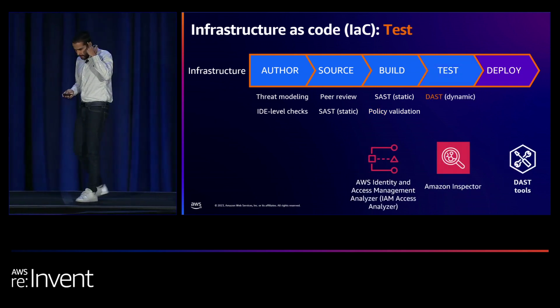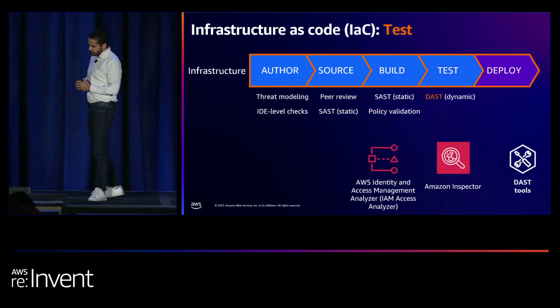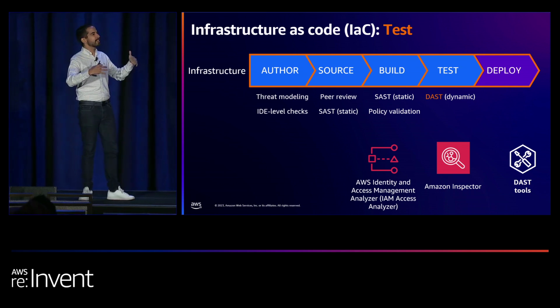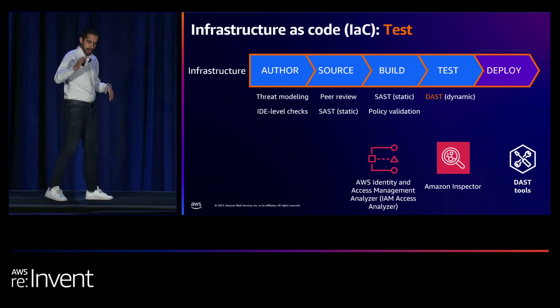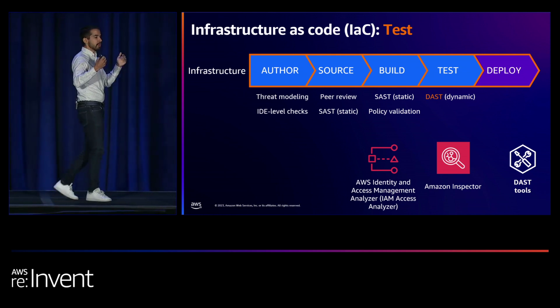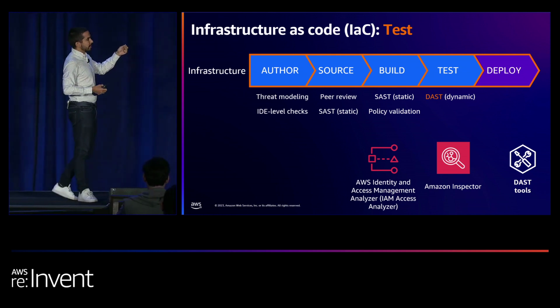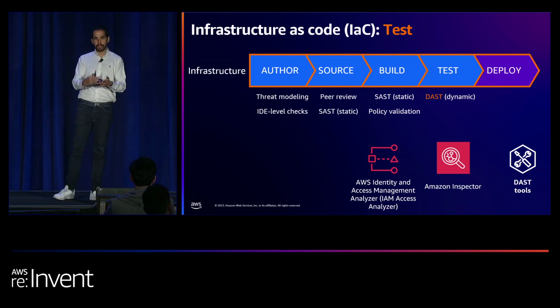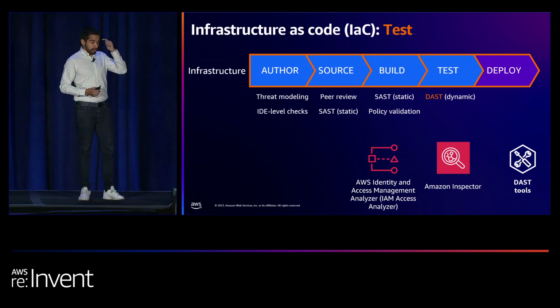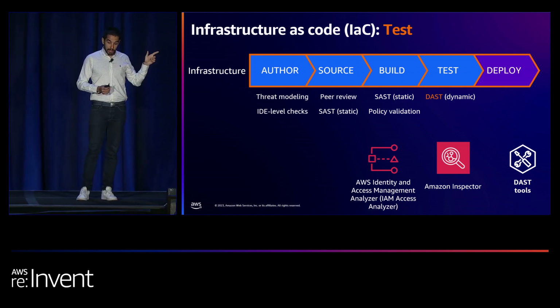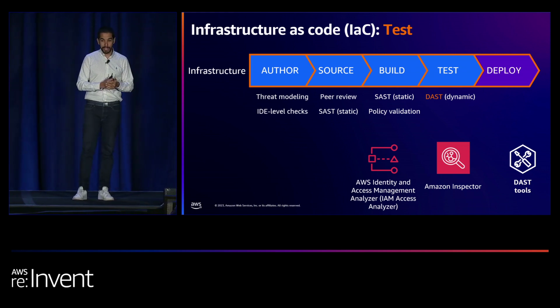When it comes to test, this is where you start testing your application in its running state. And my colleague already covered Amazon Inspector and how it can help you scan for vulnerabilities in your instances, in your containers, in your Lambda functions. But I'm going to give you one more tip related to infrastructure, and it's the AWS IAM Access Analyzer.